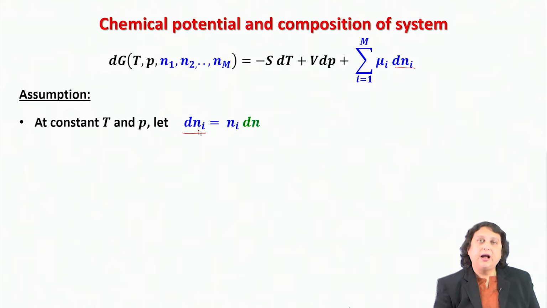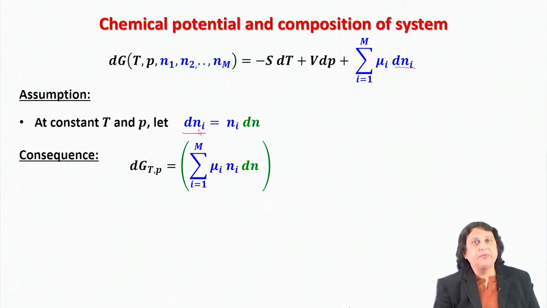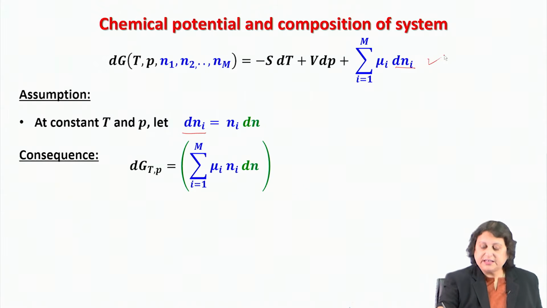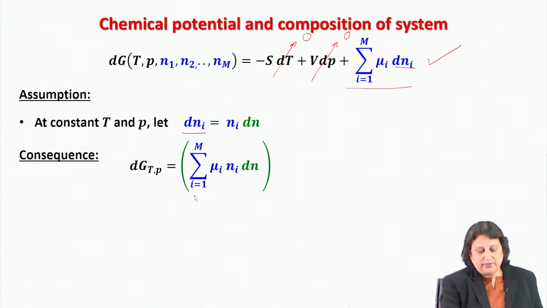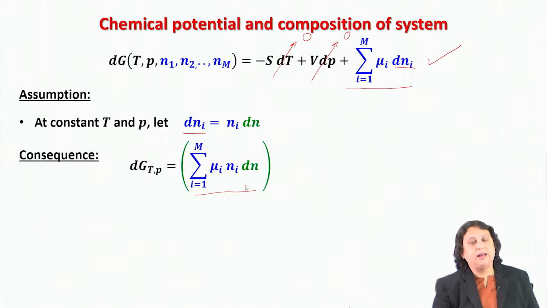And therefore, I can write down that as a consequence dG at constant T and P, which from this expression will now have no contribution from this term and no contribution from this term, but only this term. This would be given by mu i Ni into dN. Now, what is dN?